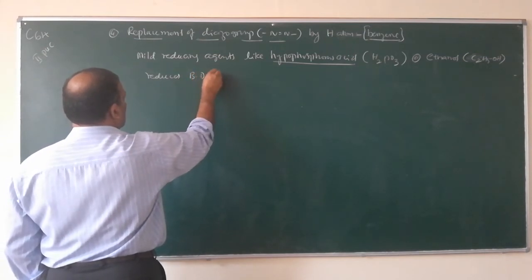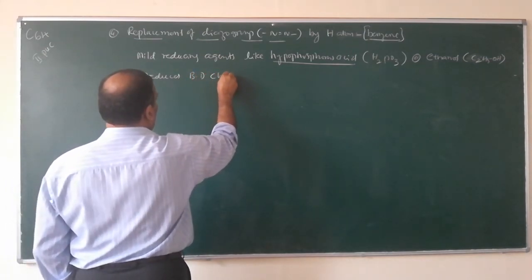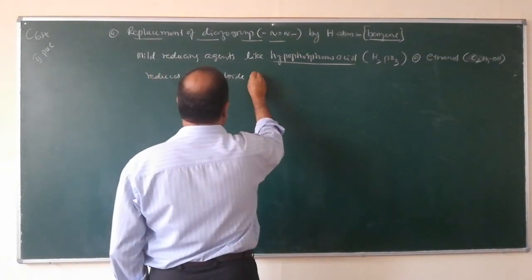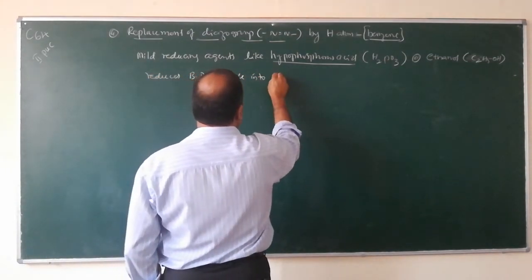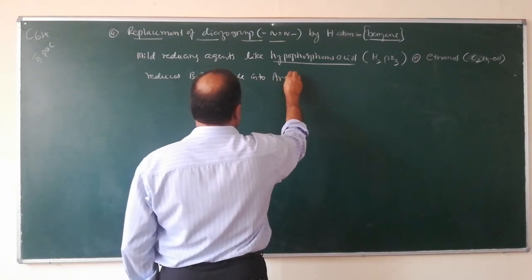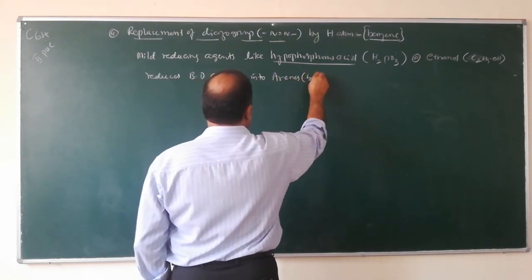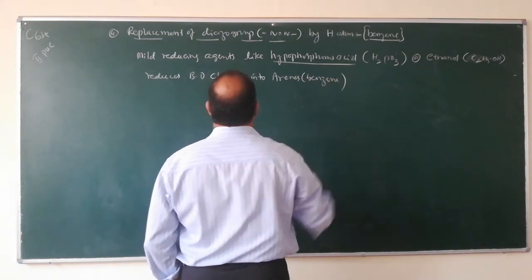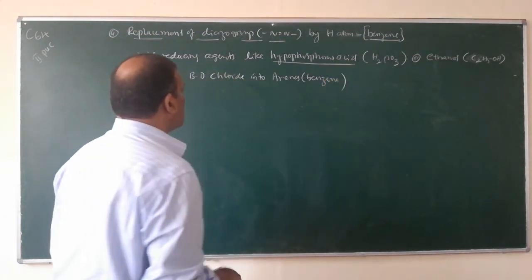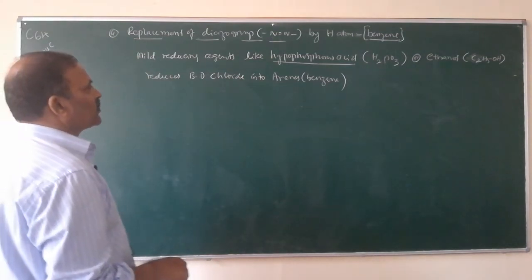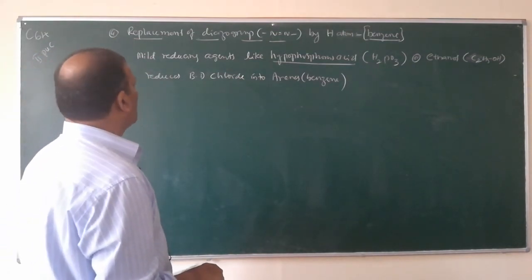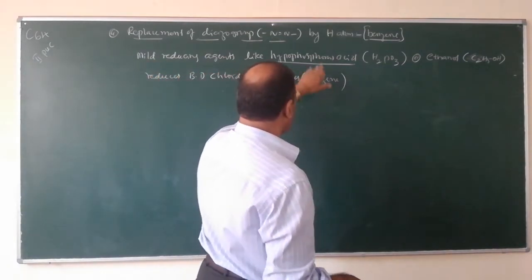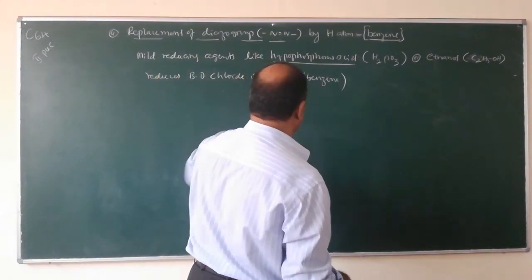Mild reducing agents like hypophosphorus acid or ethanol reduce benzene diazonium chloride into arenes, that means benzenes.